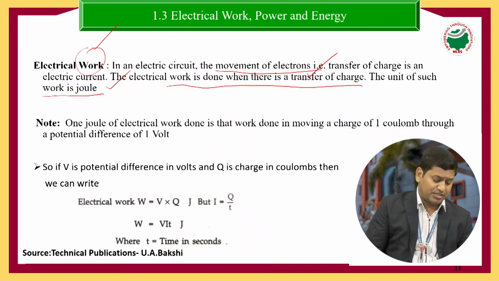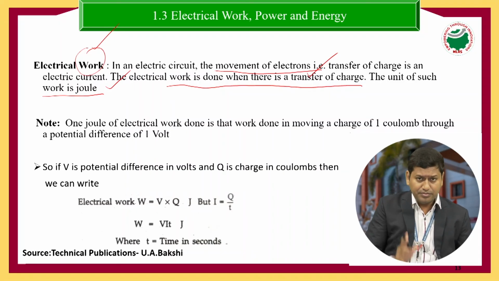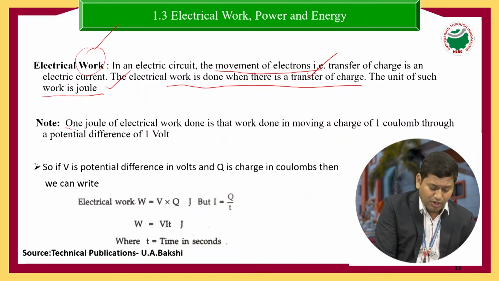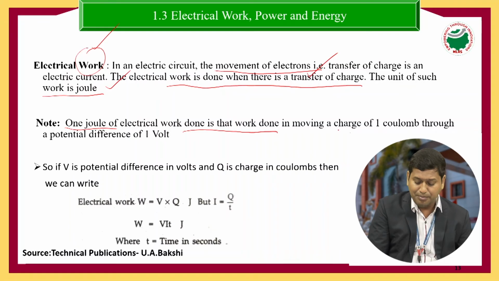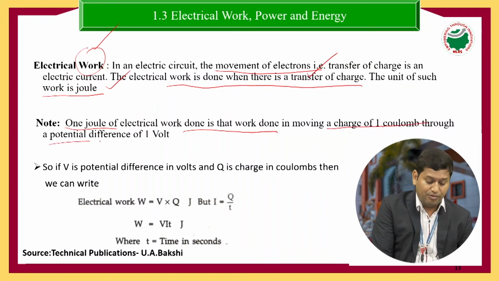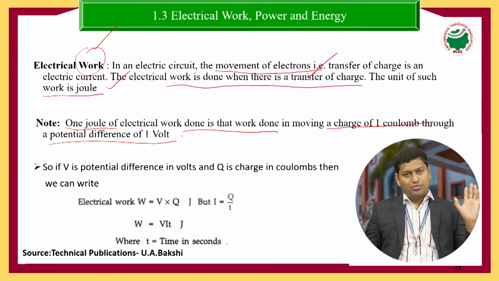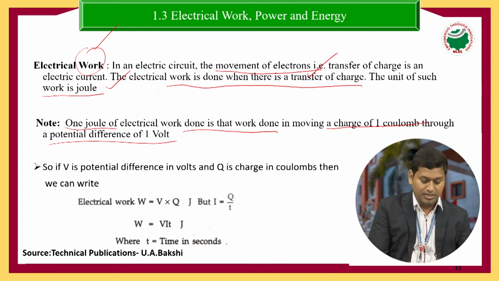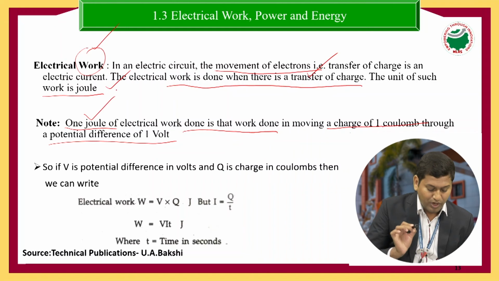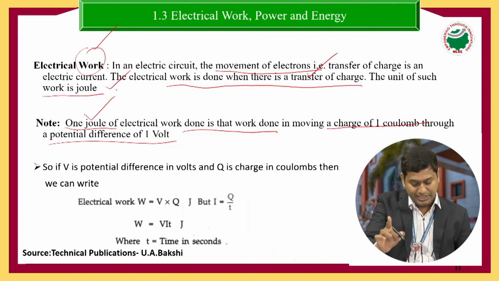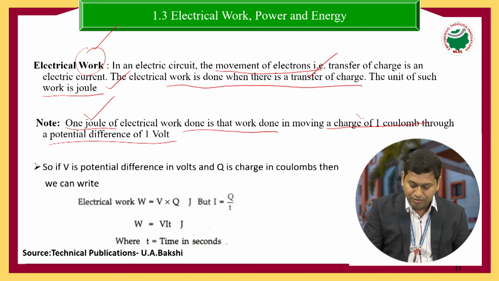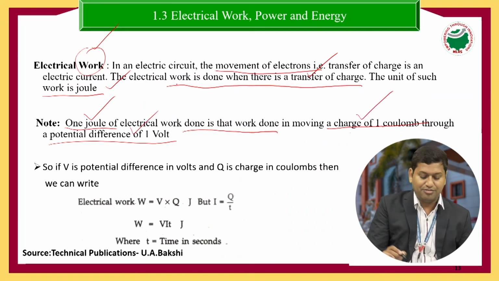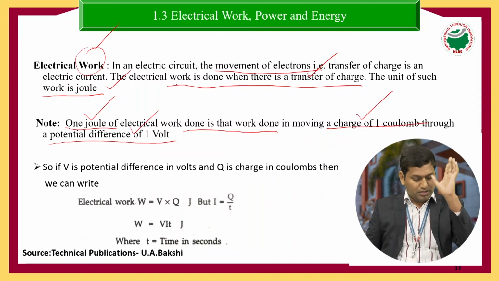The point to be noted is, if 1 joule of electrical work is done, then what is happening? A charge of 1 coulomb moves through a potential difference of 1 volt. Try to understand, this is a most important point. 1 joule of electrical work is done in moving 1 coulomb of charge through a potential difference of 1 volt.